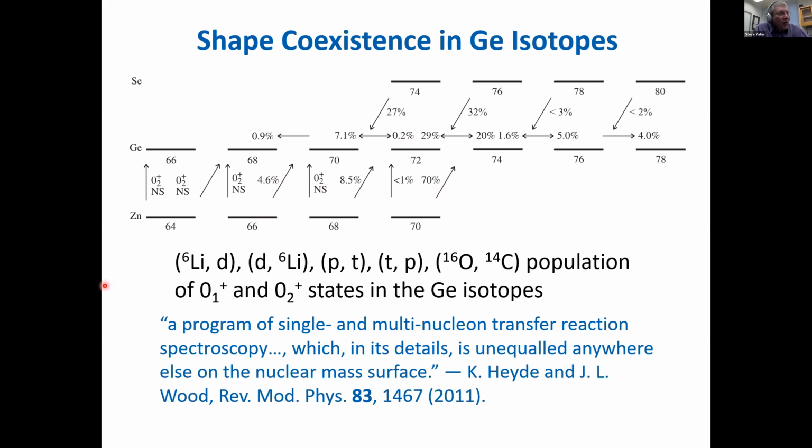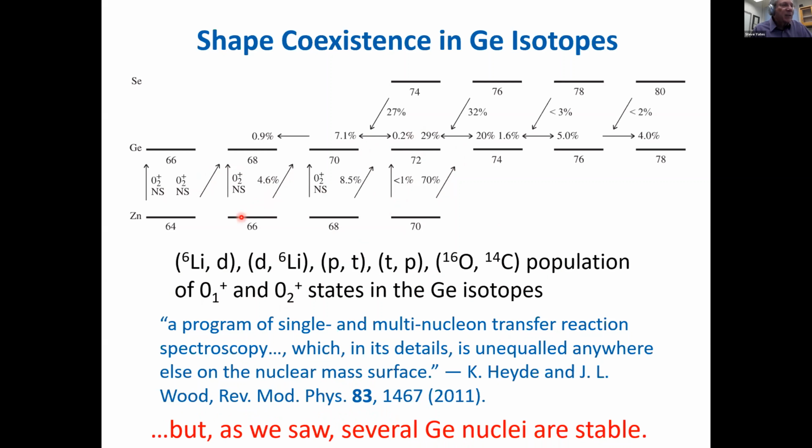From all of these measurements of the transfer reaction cross sections, the ground state and the first excited 0+ state, they were able to deduce the shape coexistence from these transfer reactions without really very much input from the structure in terms of gamma rays.